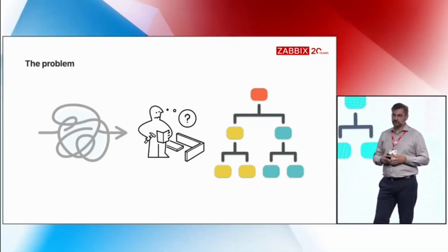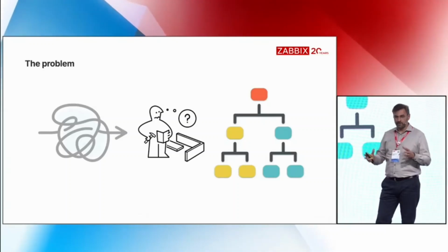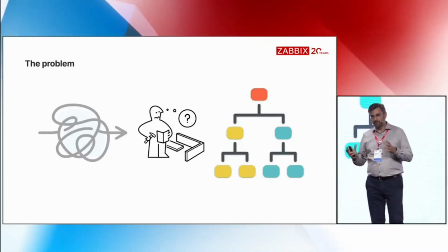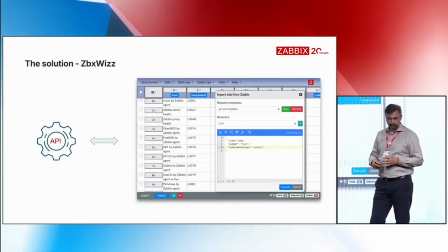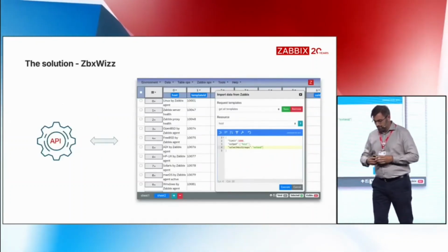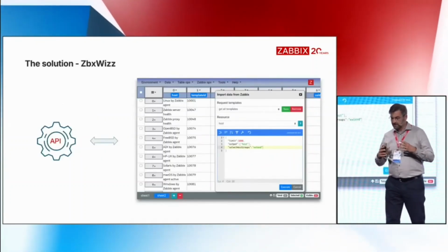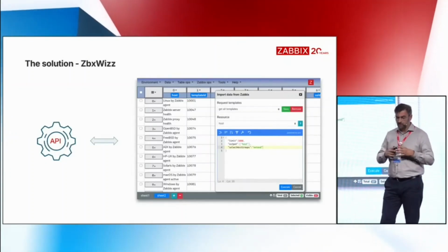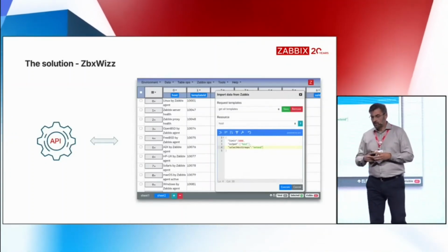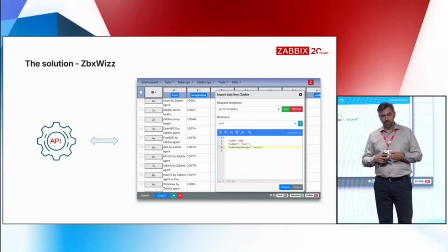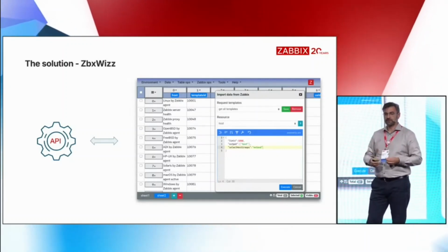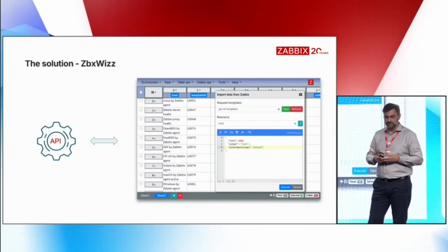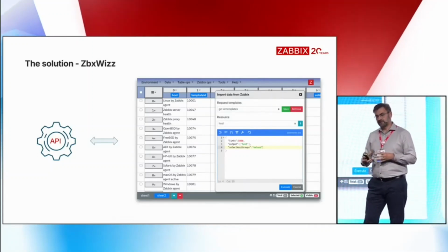ZbxWizz is a tool which simplifies the workflow by bringing together data management, visualization, and the power of JavaScript. It's a web-based tool which presents itself as a spreadsheet editor where you can load data from Zabbix directly or import it from external files.